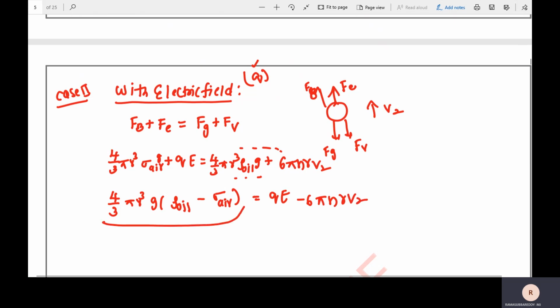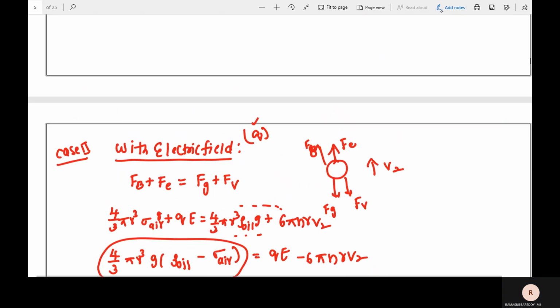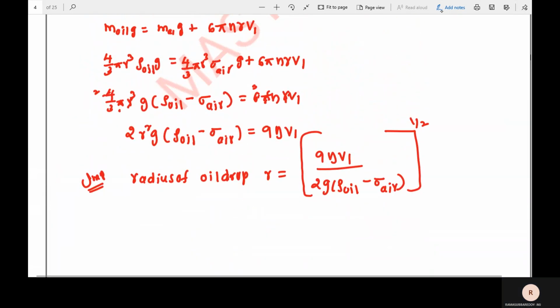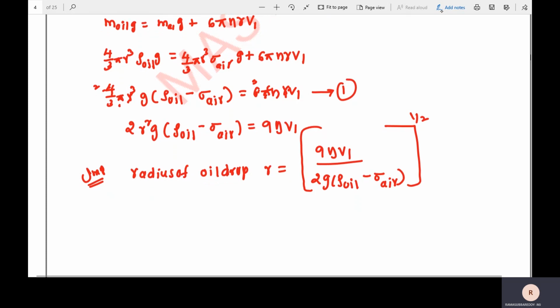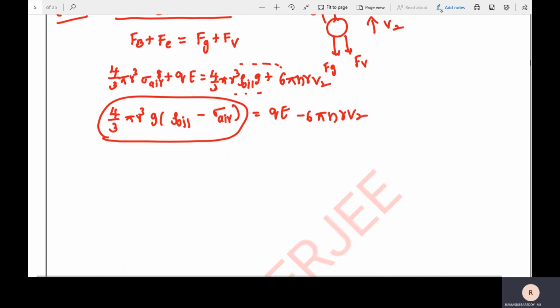If you observe this equation, this value 4 by 3 pi r cube g, density of oil minus density of air, is equal to 6 pi eta r v1. Let us call that equation 1. So here we substitute that value: 6 pi eta r v1 is equal to QE minus 6 pi eta r v2.